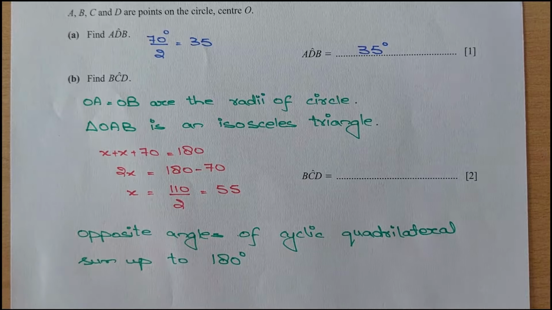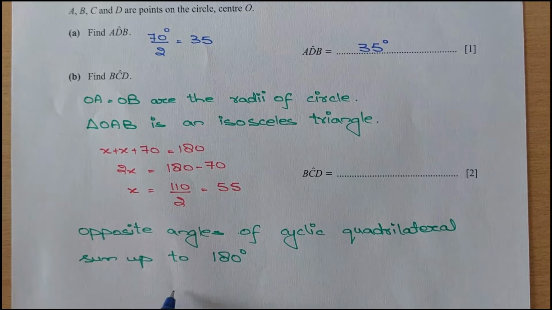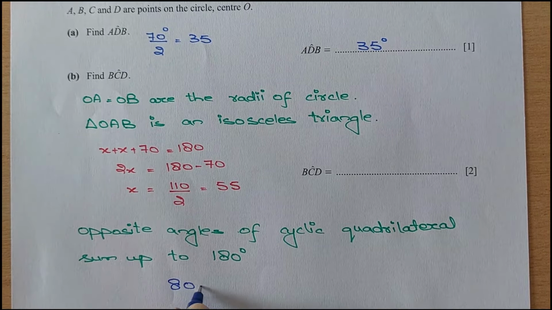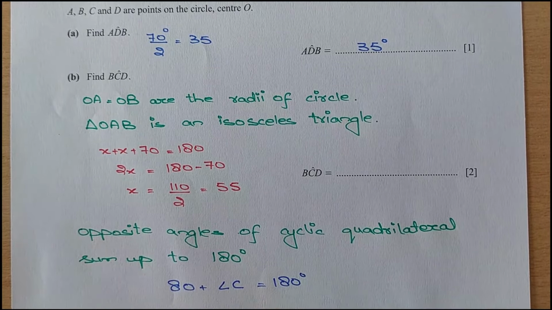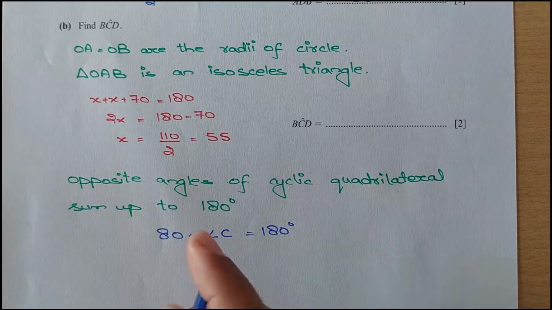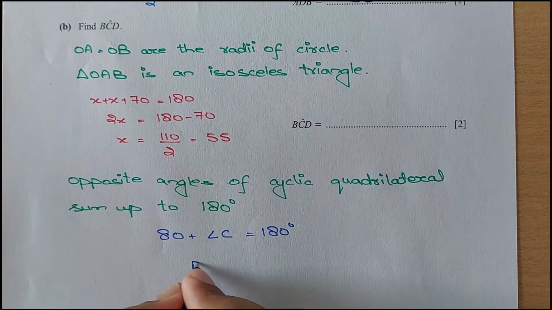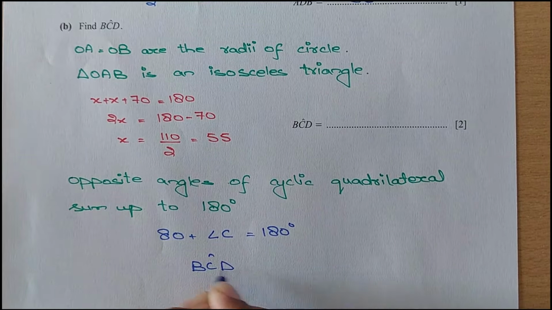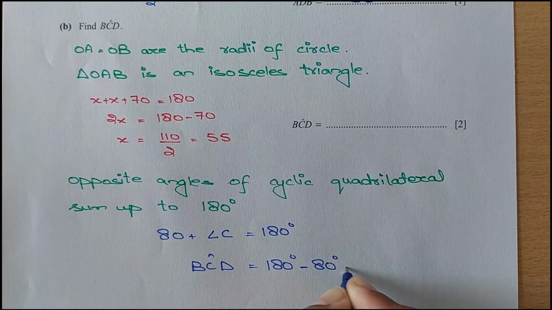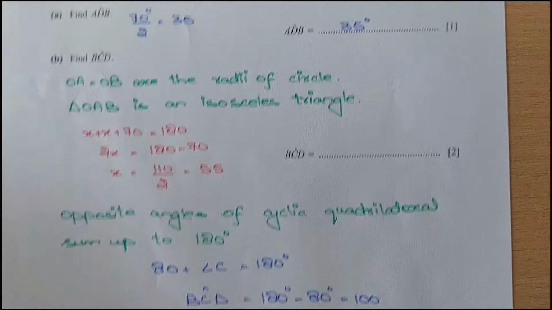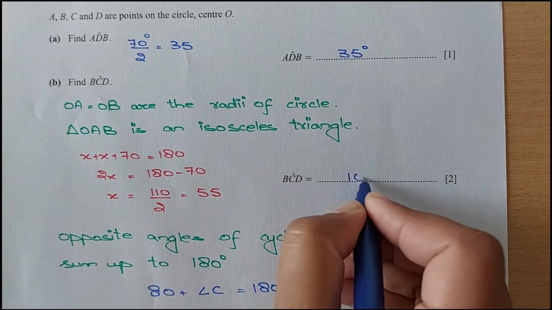So what are the two opposite angles? So the opposite angle A, that is 80, plus the angle C equals to 180, right? And that angle C is basically the angle BCD. 180 subtract 80, that is 100. So this angle is 100 degrees.